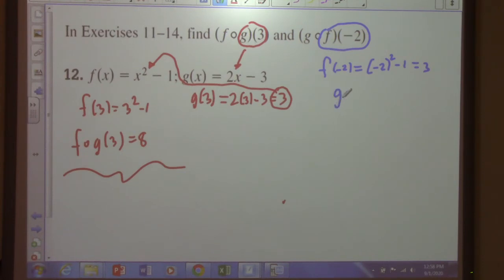So now g of 3, because we're plugging that 3 into this thing right here, so we have 2 times 3 minus 3. So we can conclude g of f of negative 2 is equal to 3. Is that what you got for that one? Okay. That's what I got. Well, that's the same.